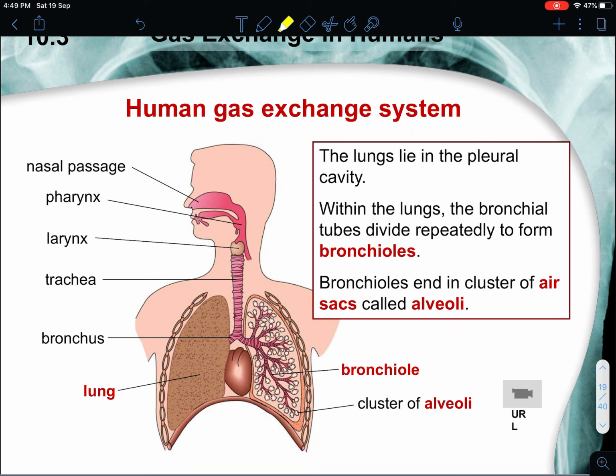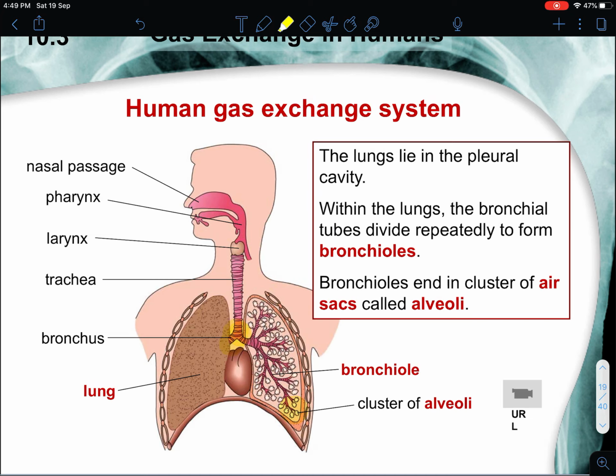Next, we have the next area, which is the bronchioles, where the lungs generally lie in the pleural cavity. So within the lungs, the bronchi tubes will divide to form bronchioles, and these bronchioles will end up in clusters of air clusters, which are your alveoli. So over here.